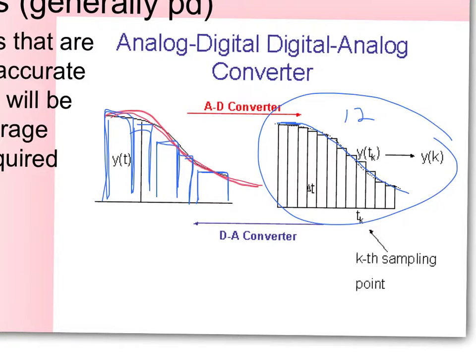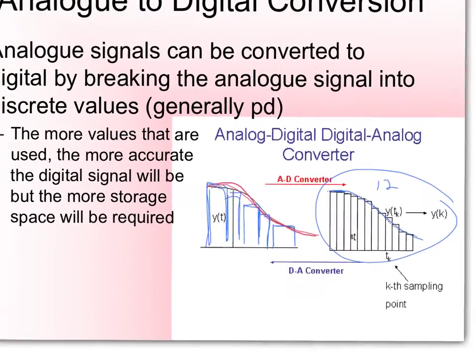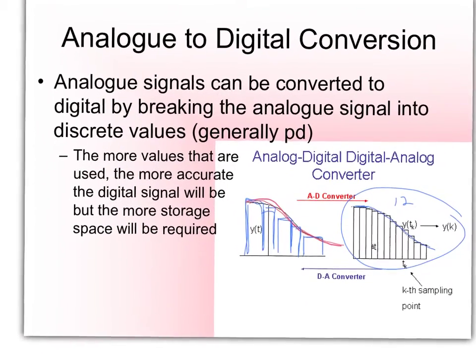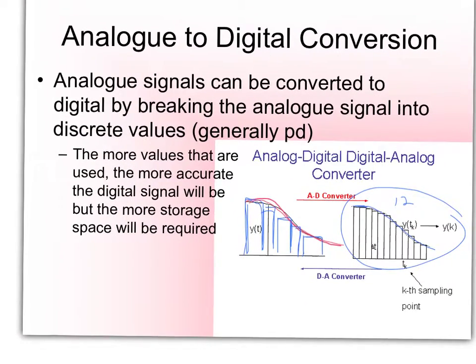It's like when you're looking at the area under a curve. If you learned in calculus, you take these blocks and you take smaller and smaller blocks, and as you do, you get a closer approximation of the actual area under the curve.